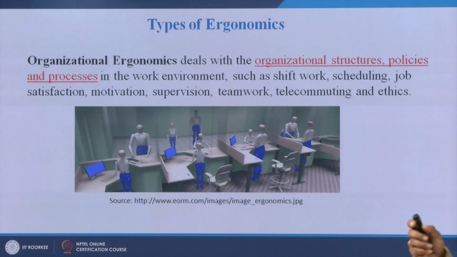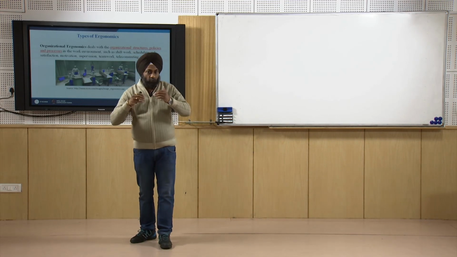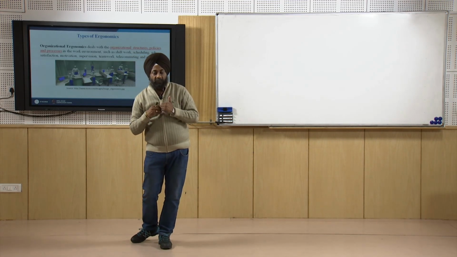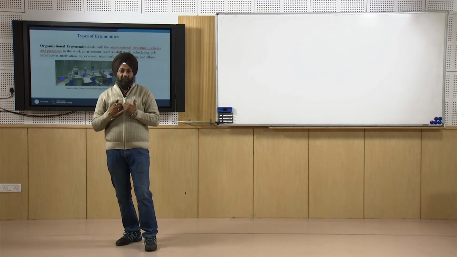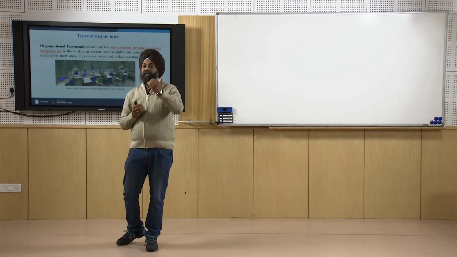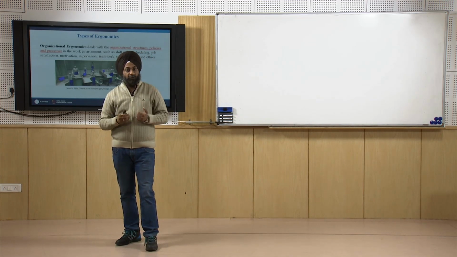So ergonomic design of this system can also be done. One of the examples can be the banking sector. A person is sitting, and most of the time he is in public dealing, talking to people who are coming to him maybe for withdrawal or for depositing money.